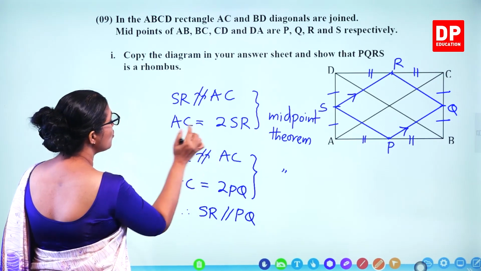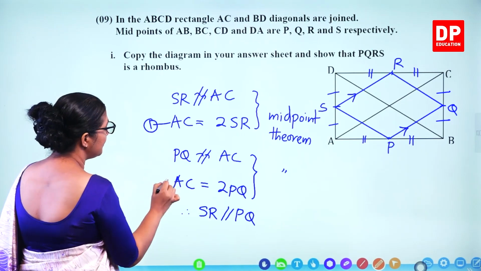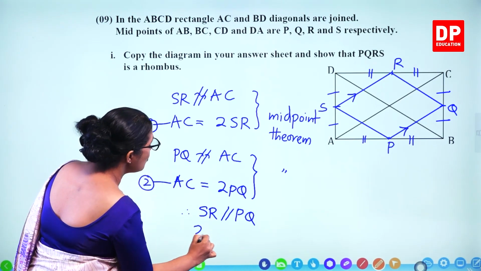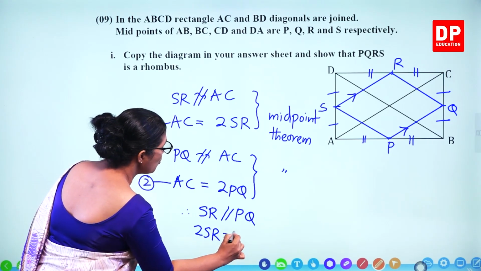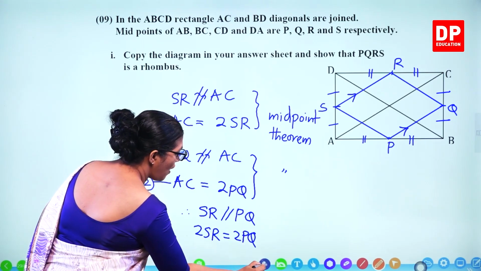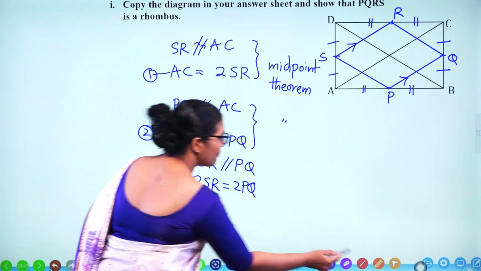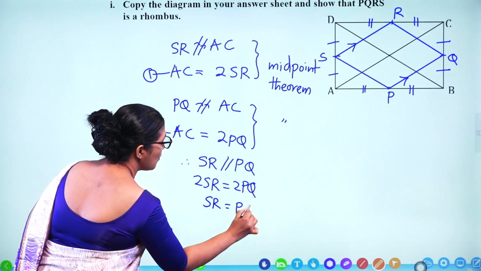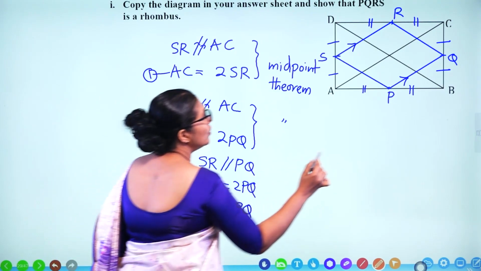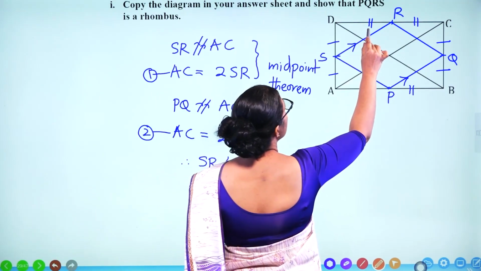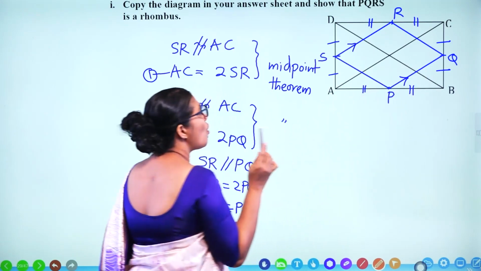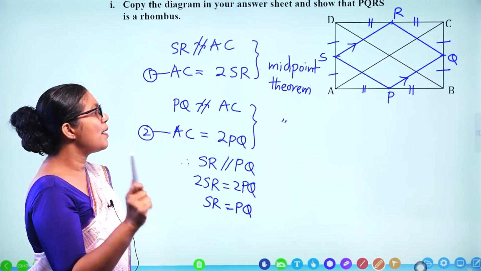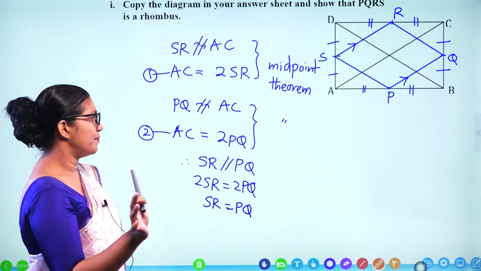Now look at these two equations, this and this. AC is the same thing. So you can say 2SR is equal to 2PQ. When you divide this by 2, you get SR equals PQ. So a pair of opposite sides equal and parallel, that's a parallelogram.